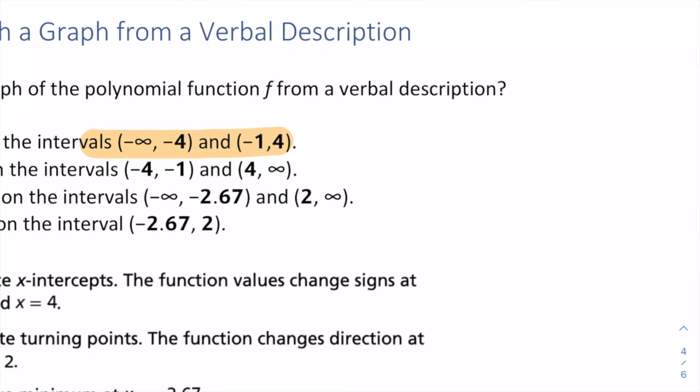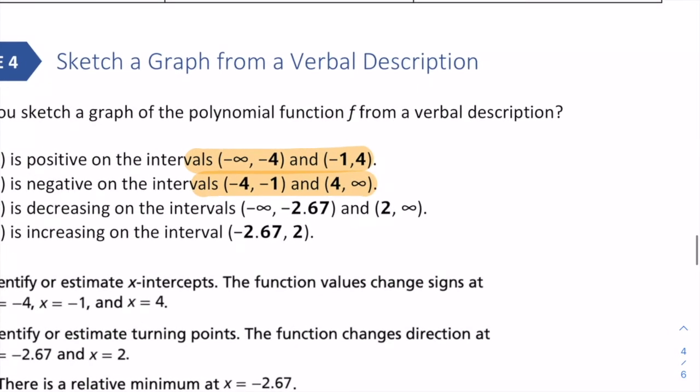Then it's going to be negative from -4 to -1 and 4 to infinity. The function is going to be increasing from -infinity to -2.67 and 2 to infinity. And the function will be decreasing from -2.67 to 2.